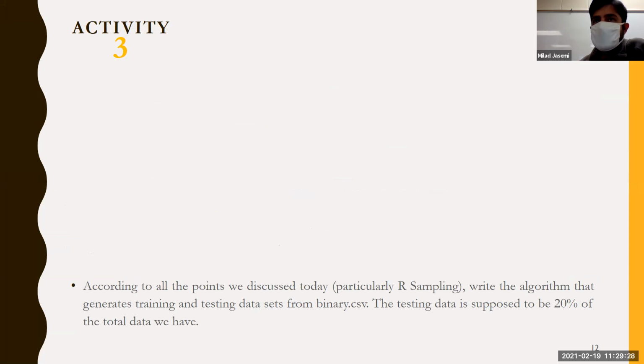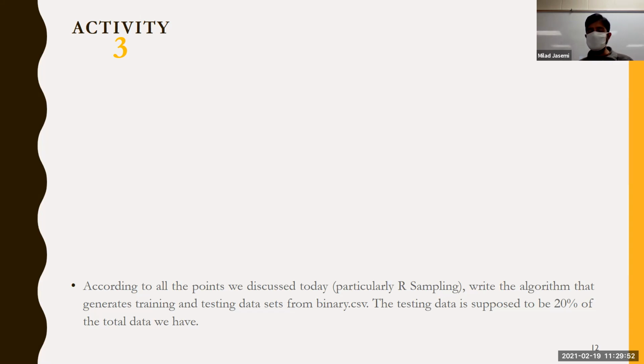It just wants you to write the algorithm. The testing data is supposed to be 20% of the total data we have. So how are you going to do it based on what we have discussed? No need to write the code, but say, I'm going to do this, I'm going to do that to get the training and testing data.